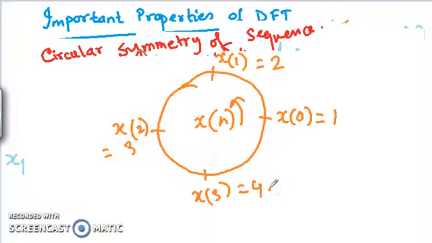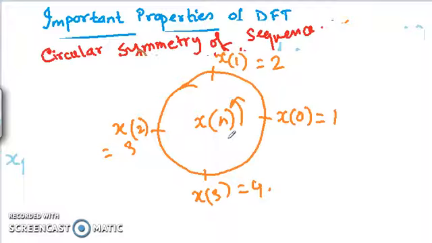Now what we have to do is shift it by 2 points. We are going to shift every sample circularly in the anti-clockwise direction by 2.